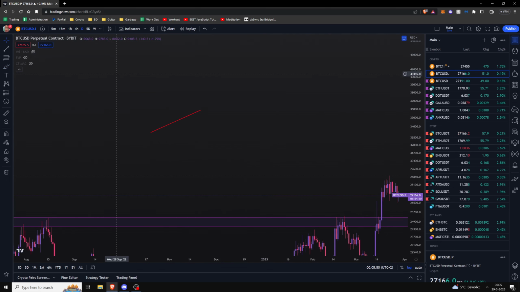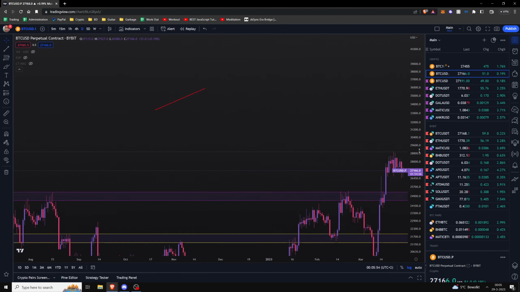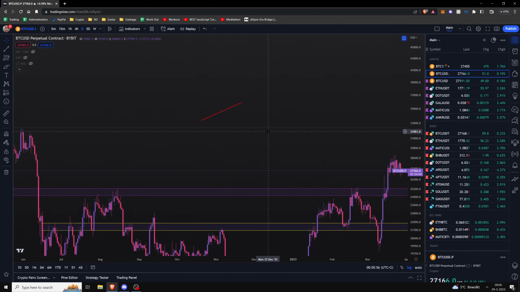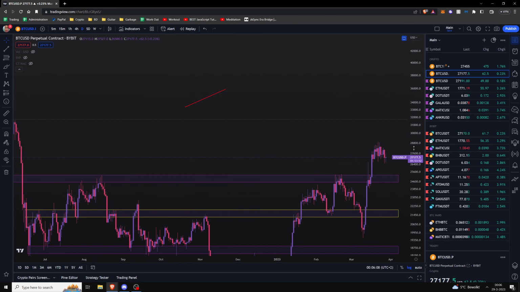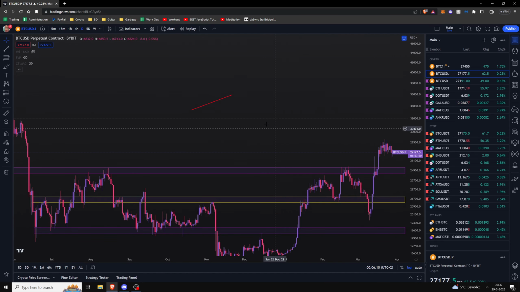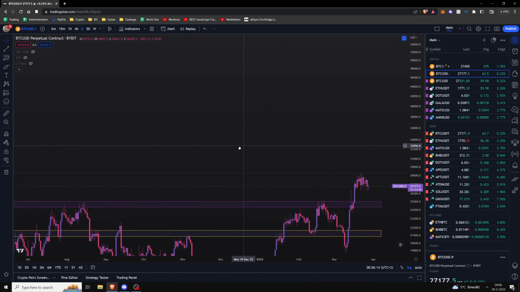Divergences are maybe a bit too complex to get into right now, especially considering time constraints, but you will find these on a lot of indicators, and they give us further reason to suspect downside. So I personally like them a bit more.